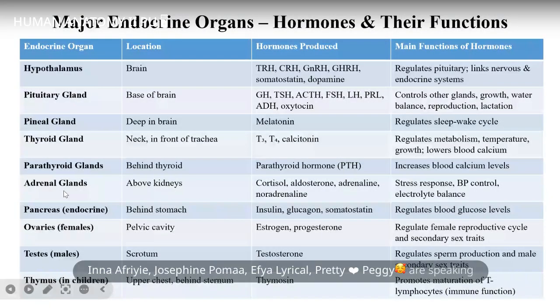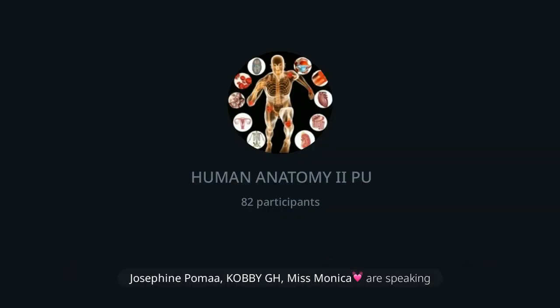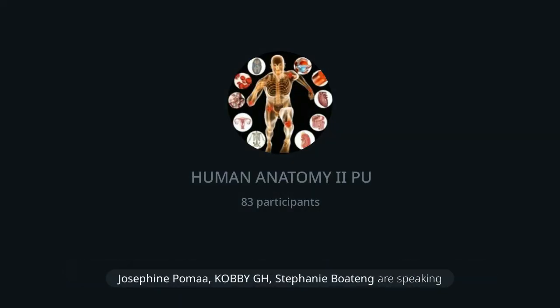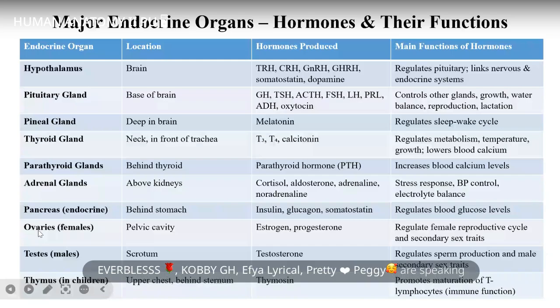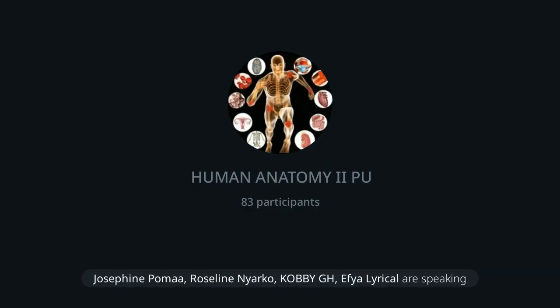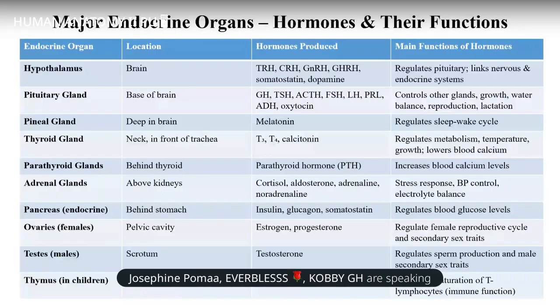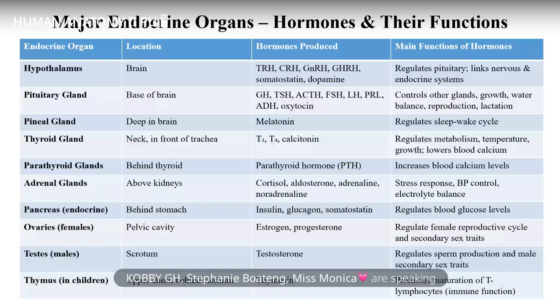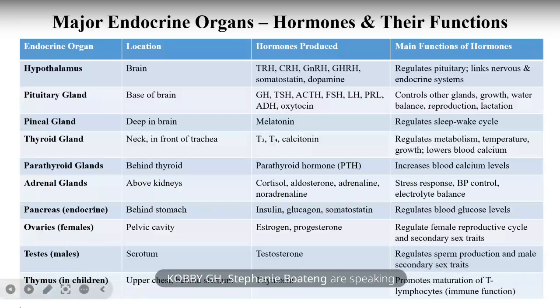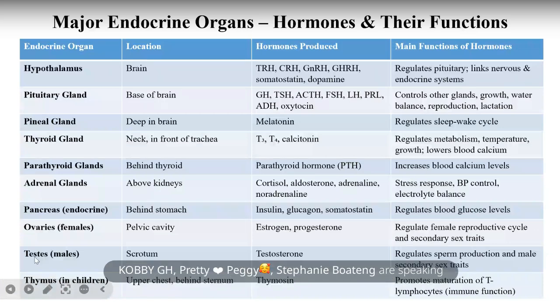Adrenal gland. Pancreas. Different schools, so everyone is saying their own pronunciation. Ovaries. Testes. And then thymus.